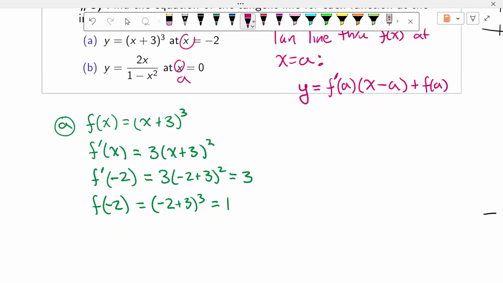And so the equation for my tangent line is 3 times x minus a, that is x plus 2, plus 1. Are we okay with that process?